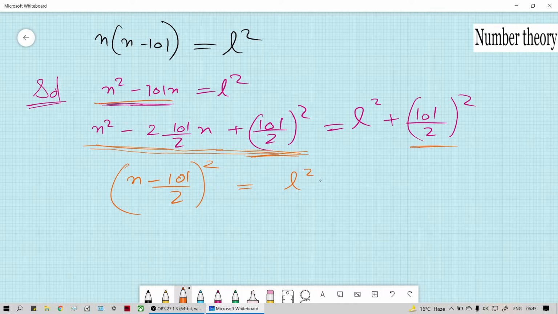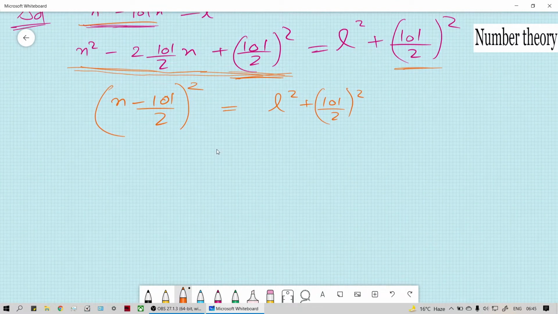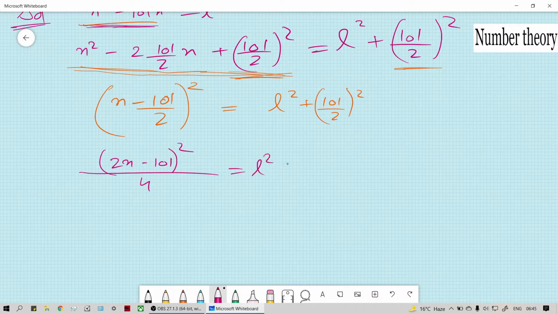From here we can then simplify it. It will become (2n minus 101) whole square equals 4L squared plus 101 whole square upon 4.